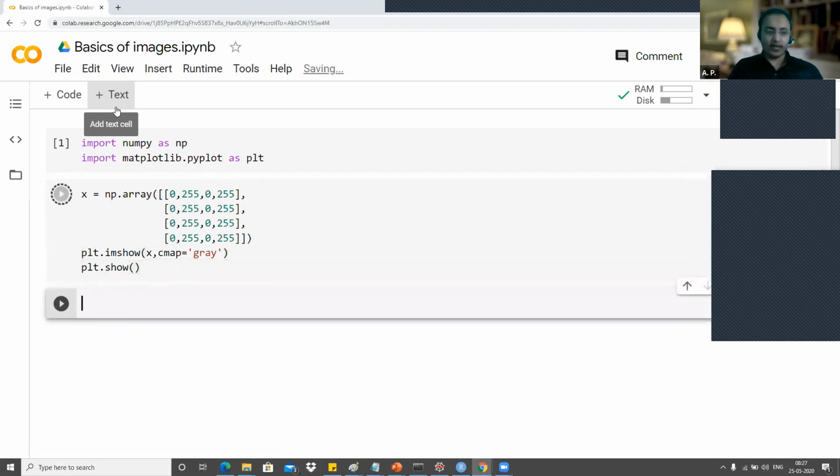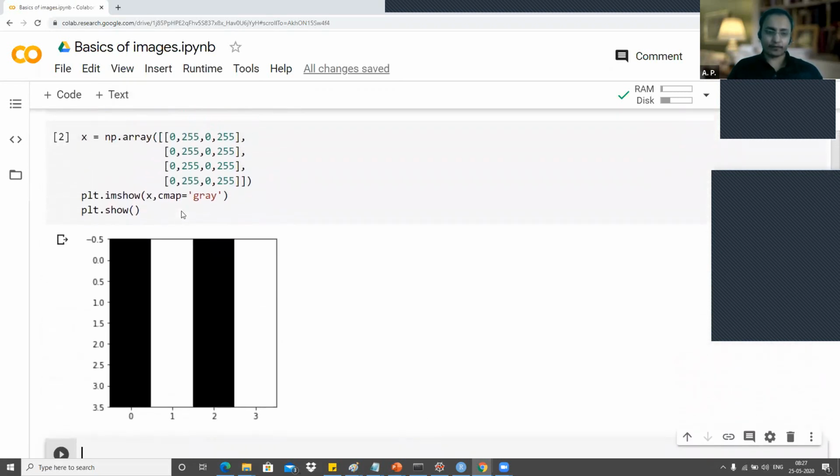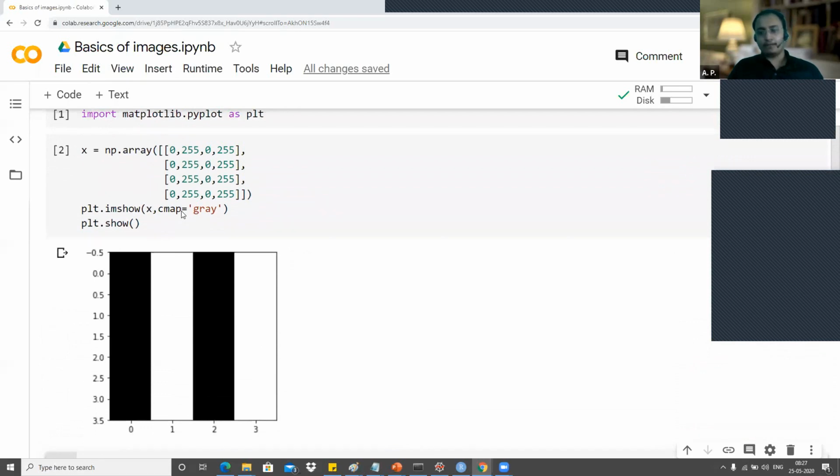So this is a very fundamental image we have created here. As you can see, 0, 0, 0, 0, 255, 255, 255, like that, column-wise values we have. As you can see in the image, wherever there is a value 0 in the array, we have a black color strip, right?